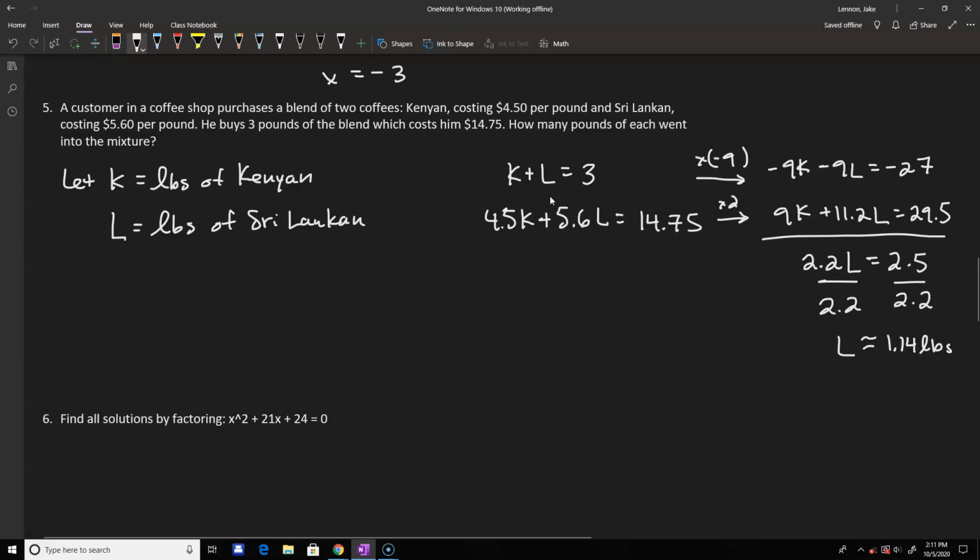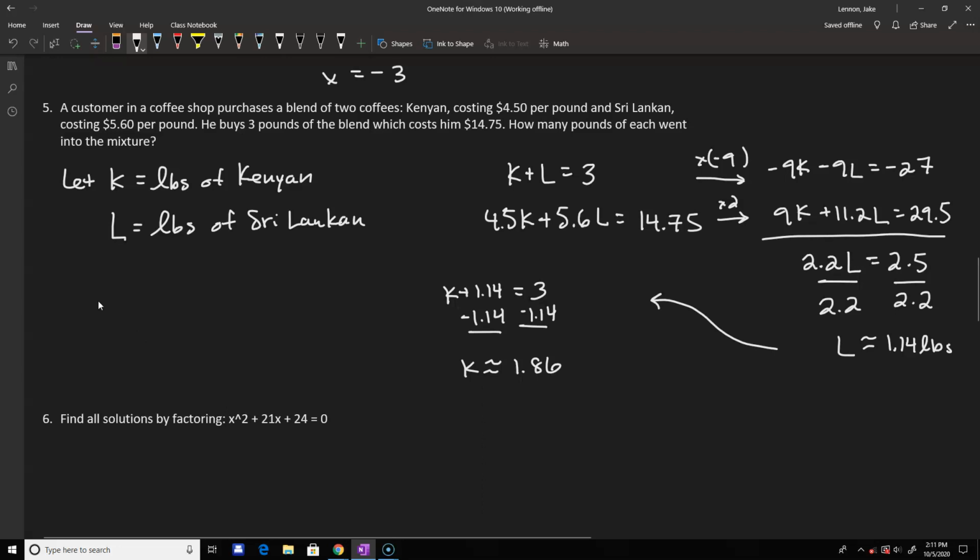Then again, we can plug that back into the original equation. K plus 1.14 equals 3, and then we subtract that number. So K is about 1.86.